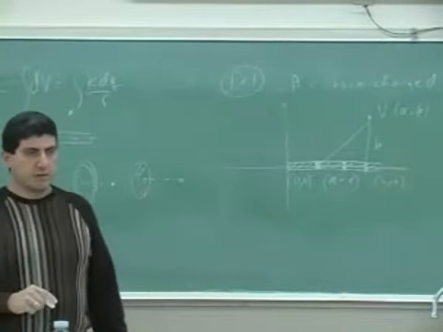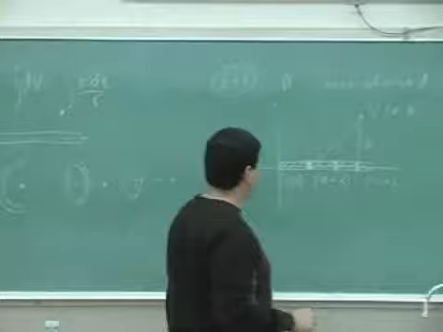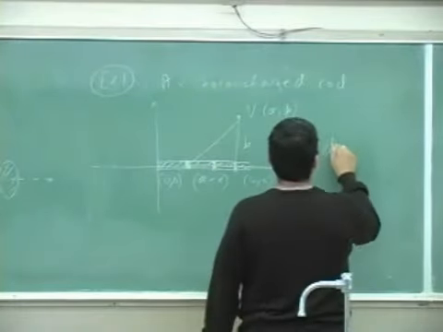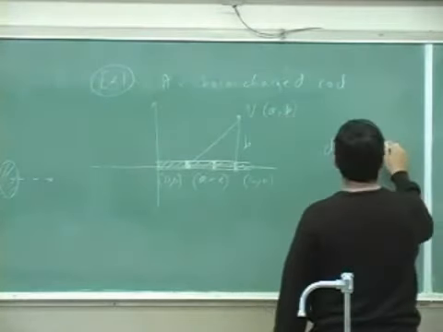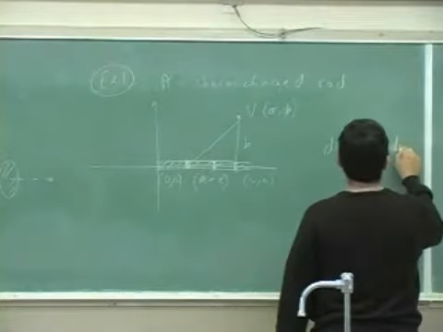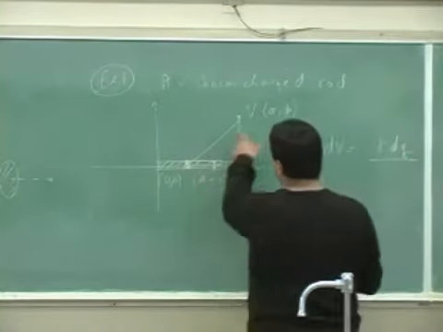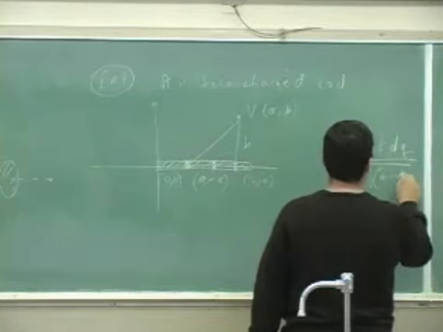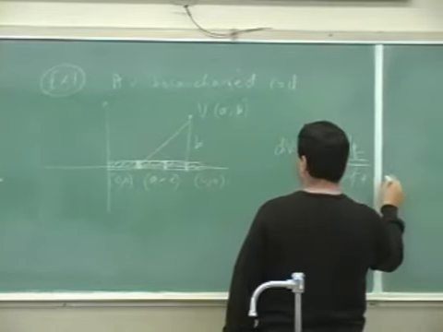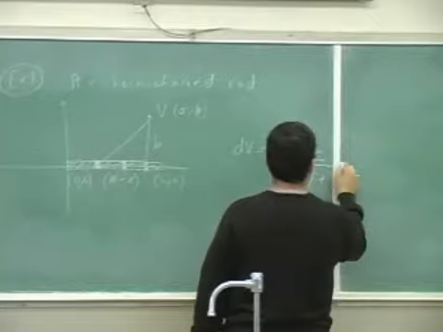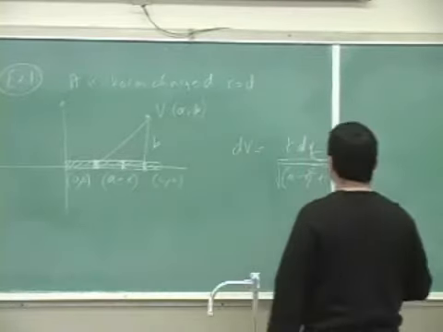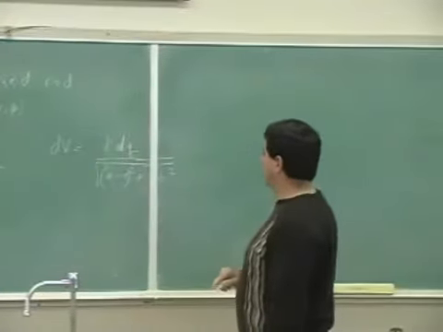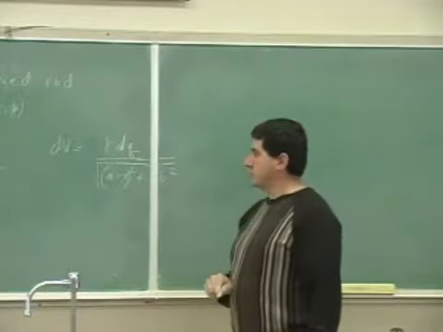So my potential dV is going to be k dq over this distance, the square root of a minus x squared plus b squared, right?